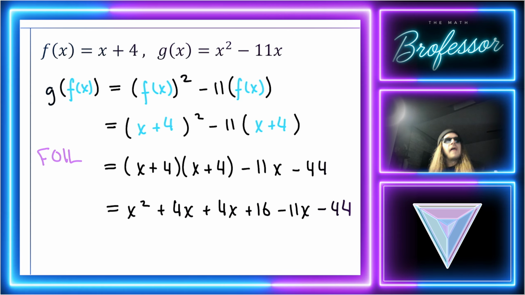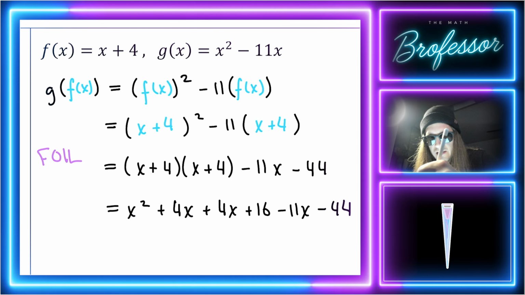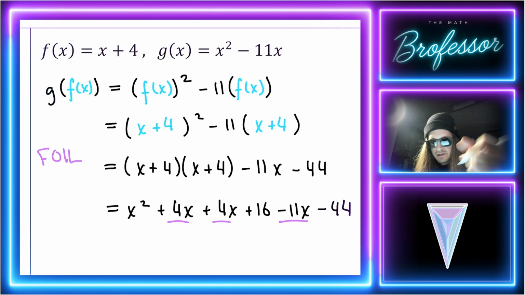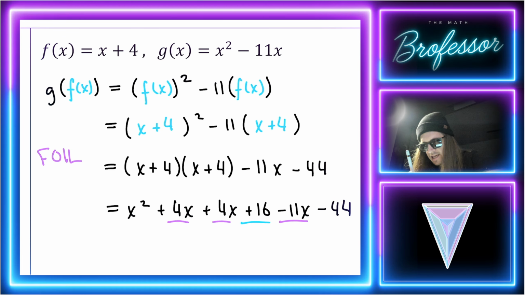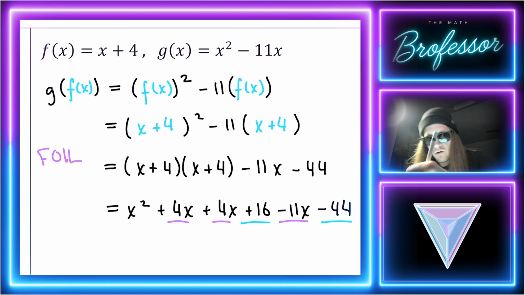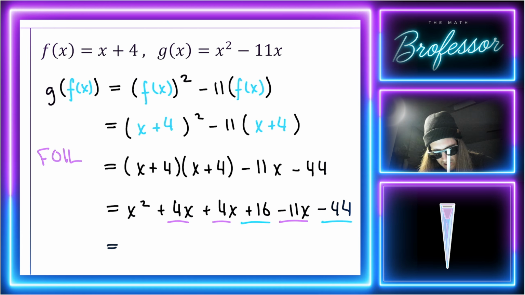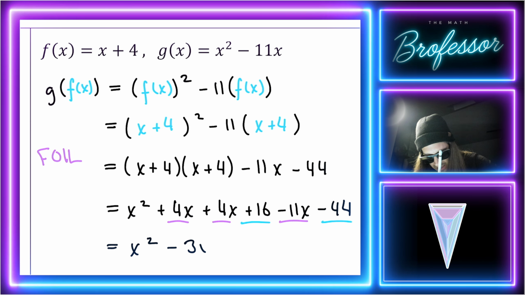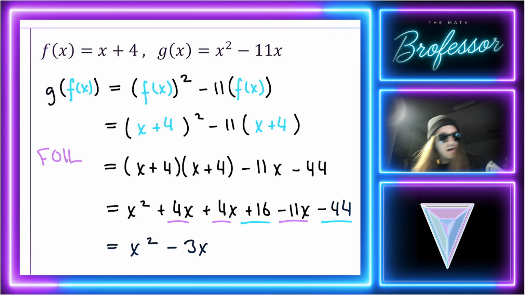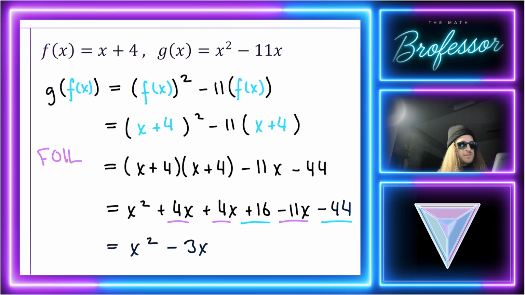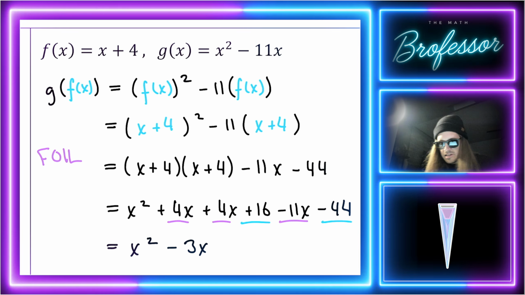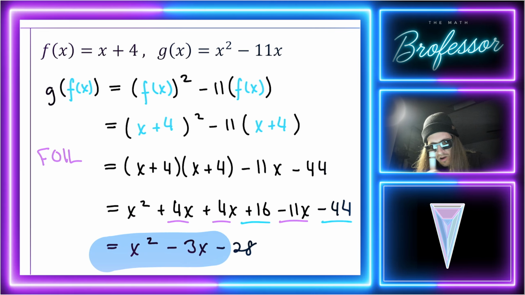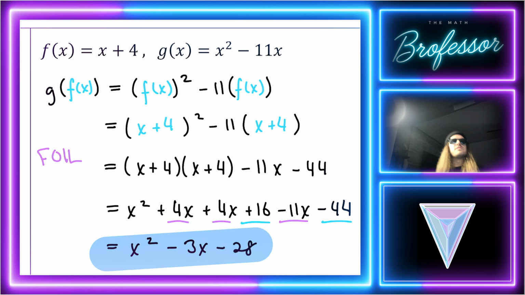All right. And then our last step here is to combine like terms. So those 4x's can be combined with the minus 11x, and the 16 can be combined with the minus 44. And this gives us an answer of x squared. 4 plus 4 is 8, minus 11 is negative 3x, 16 minus 44. I don't trust myself with that one. That's going to be minus 28. And that right there, hopefully, is the answer.